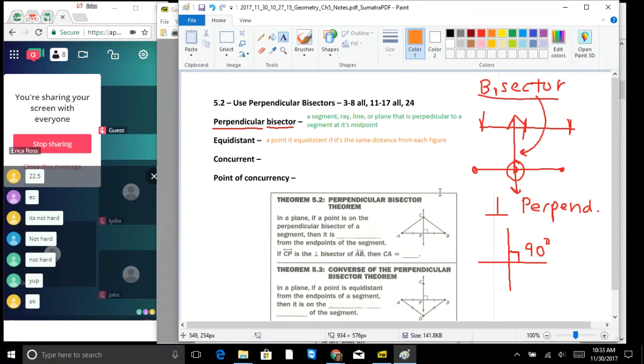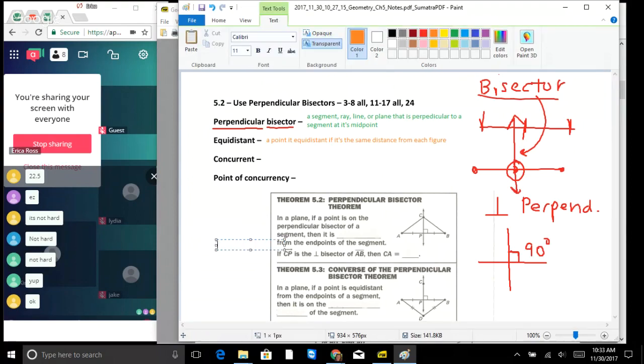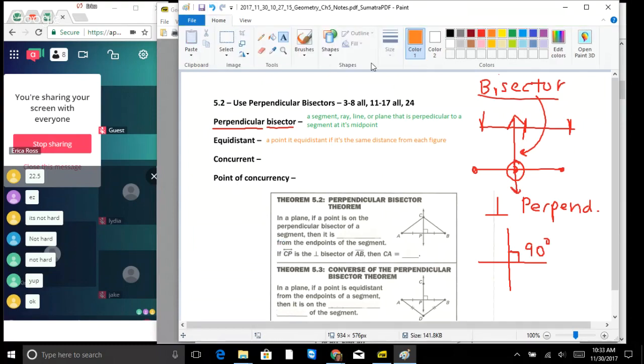All right, so let's talk about something that's equidistant. If I have a square, a perfect square, right? And I draw a point right in the center. Then that point is equidistant because it's the same distance from everything in my figure.